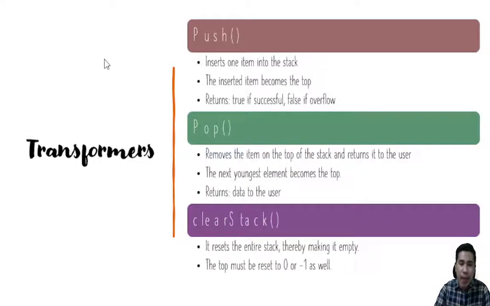Next, let's proceed to transformers. We've already discussed some of this, like push and pop, the basic operations. These are the algorithms. Particularly in the push, you insert one item into the stack, so you cannot insert multiple items, only one at a time.